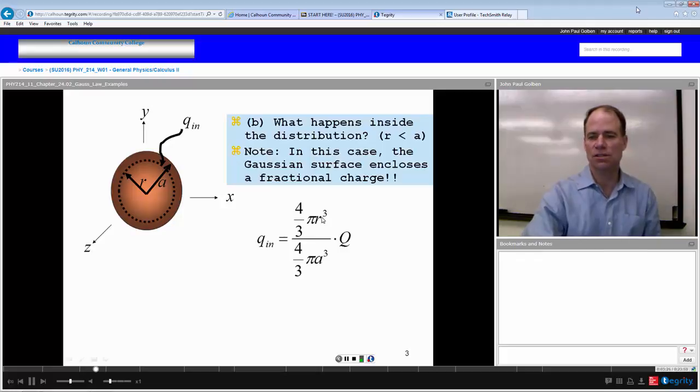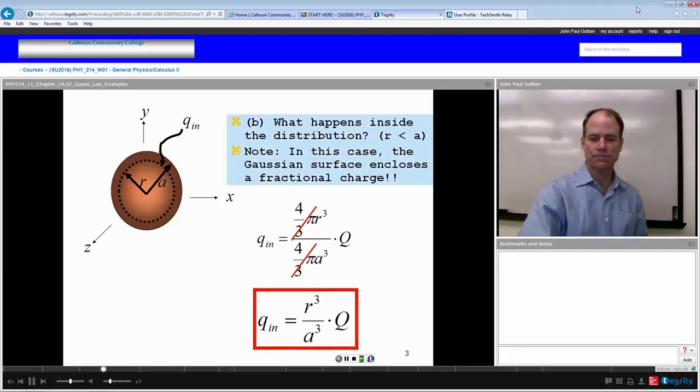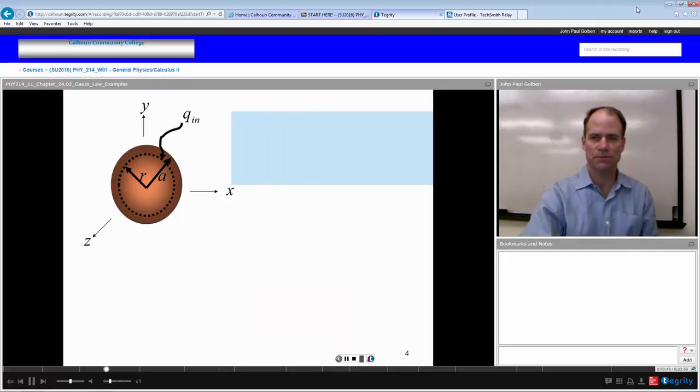So our charge enclosed is going to be the ratio of those volumes, 4/3 pi r cubed to 4/3 pi a cubed, times the total charge available, which is big Q. That's what's going to be enclosed in our Gaussian surface. The 4/3 pi cancels out, and we have Q enclosed is equal to r cubed over a cubed times big Q.